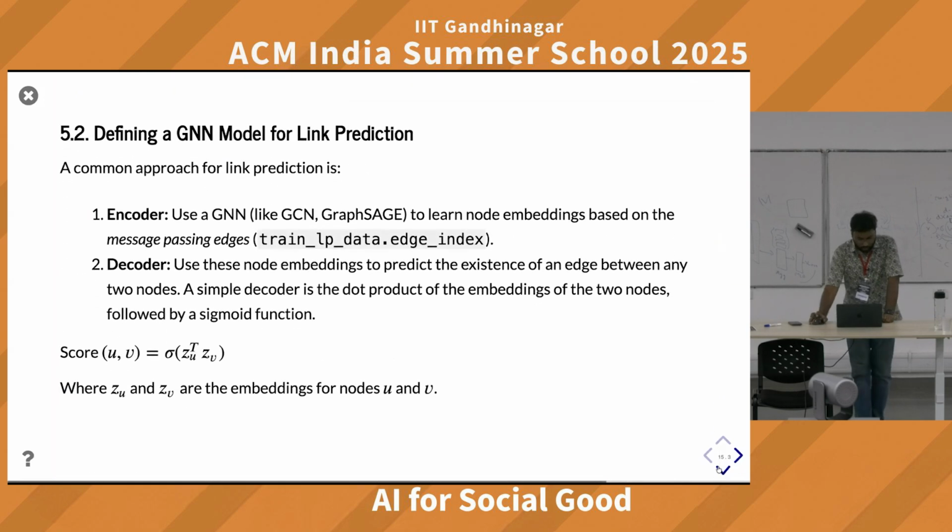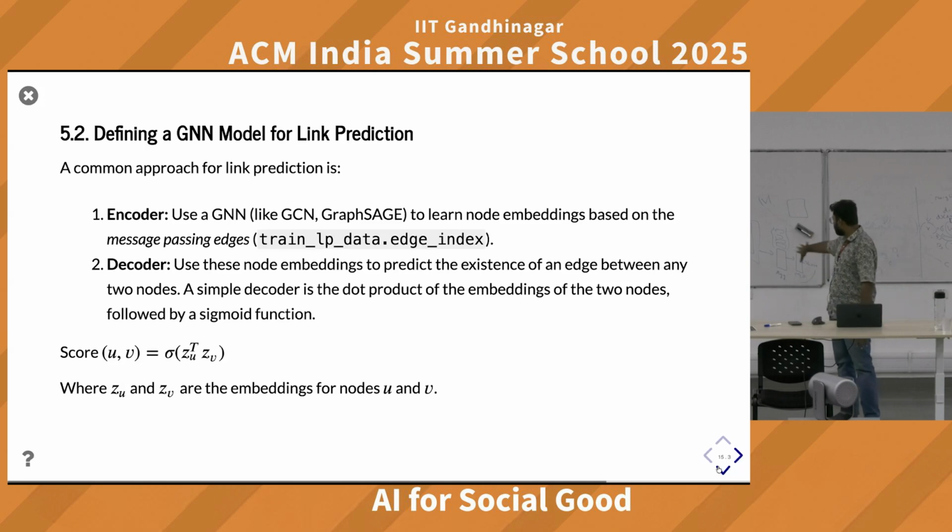So you can think of it as an encoder-decoder setup, where, as in this diagram, the first part where you send the graph, the x and the edge index, into the GNN layers, is the encoder part.